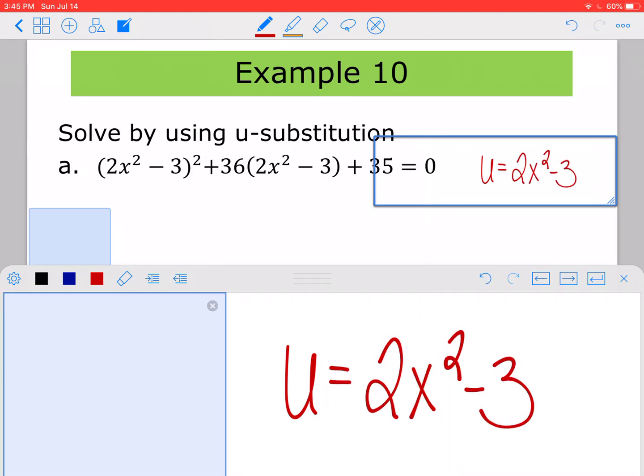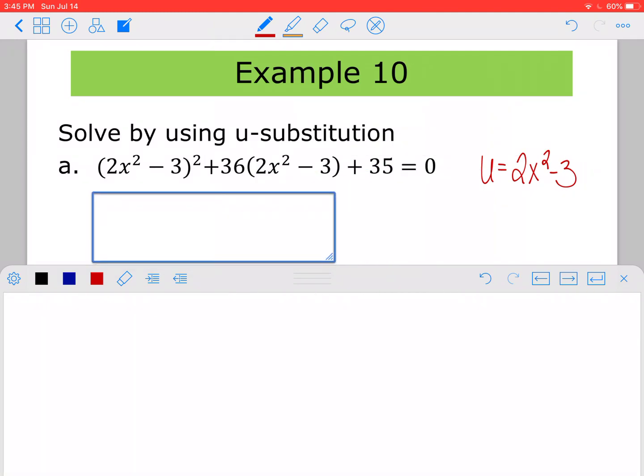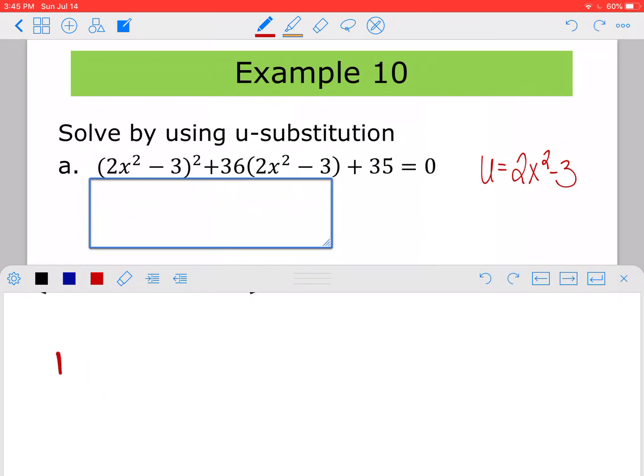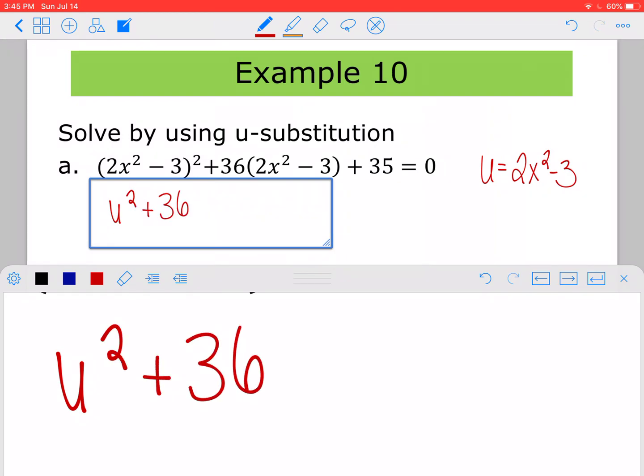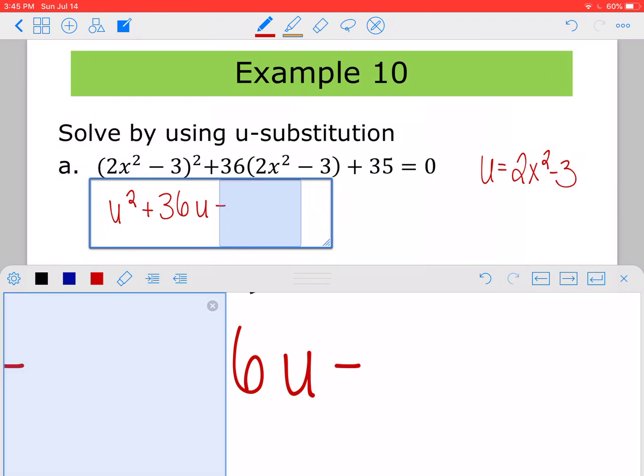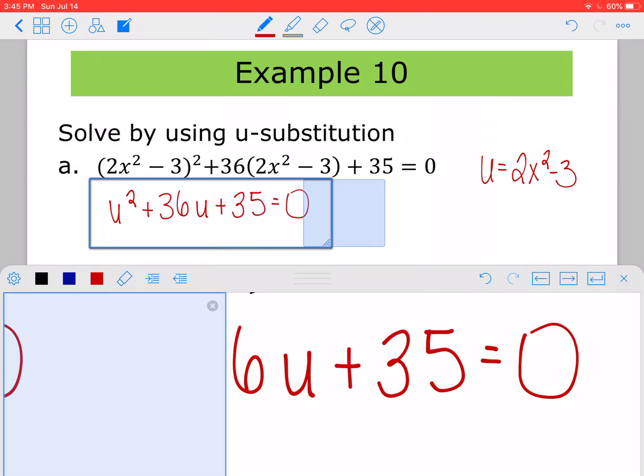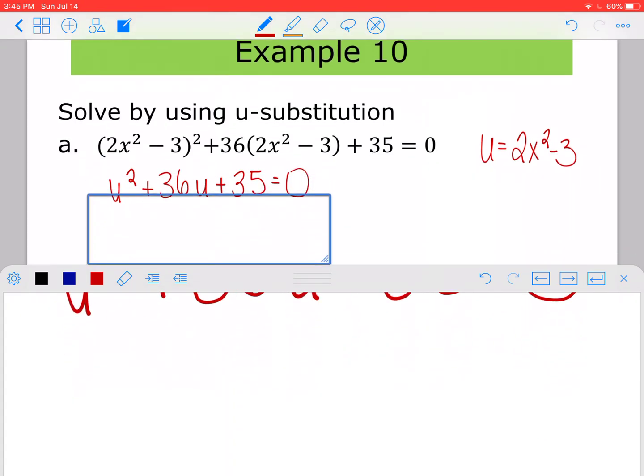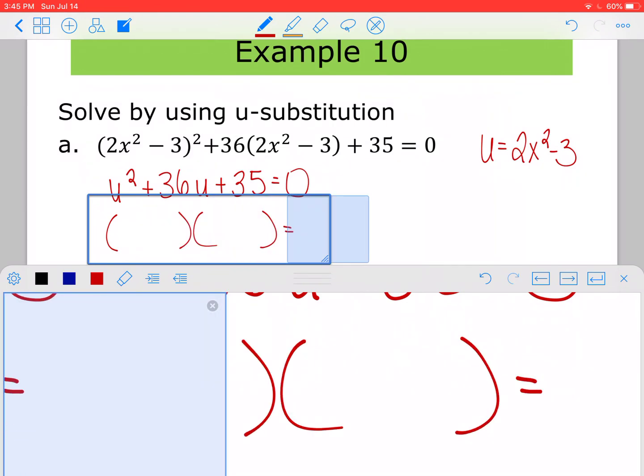So, this will factor. (u plus 35)(u plus 1). And so we have u plus 35 equals 0, or u plus 1 equals 0, which gives us negative 35 and negative 1.